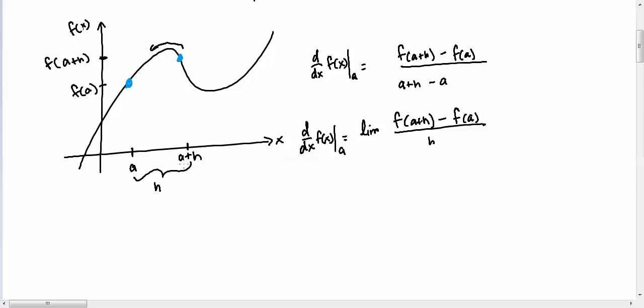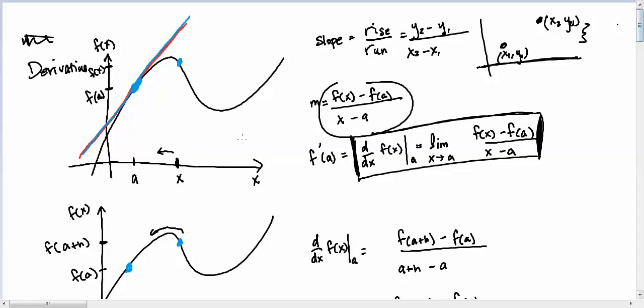It gets smaller, right, because h is defined as the distance between this point, the first bead, and the second bead. And if I move the second bead closer to the first bead, then h is getting smaller. You're still thinking back in terms of x going to a.